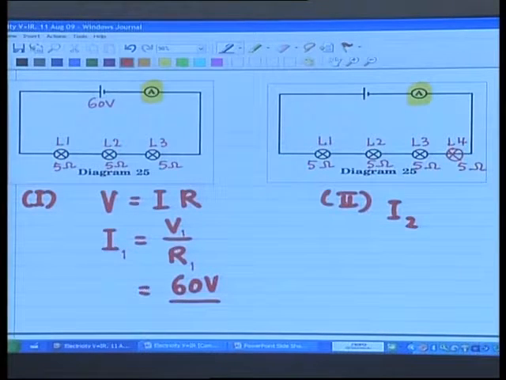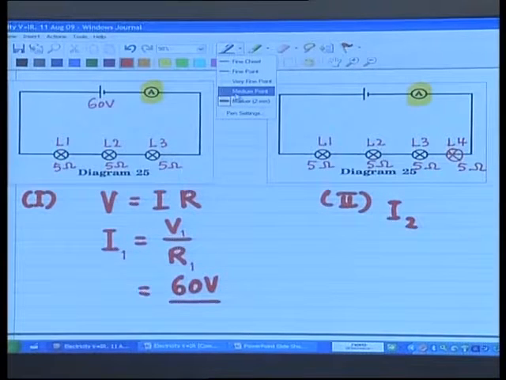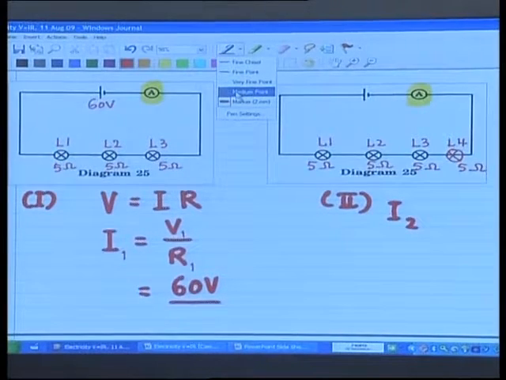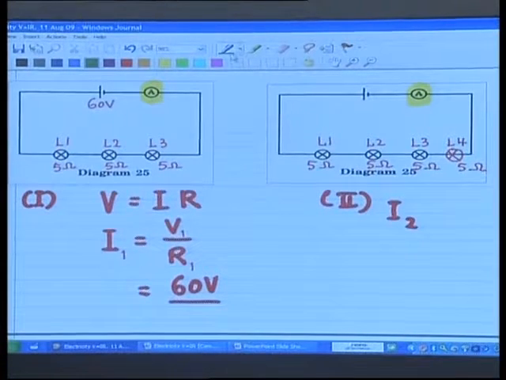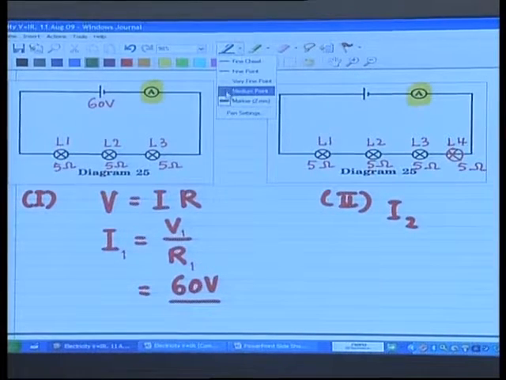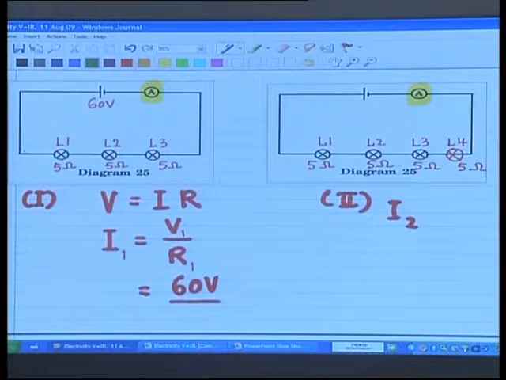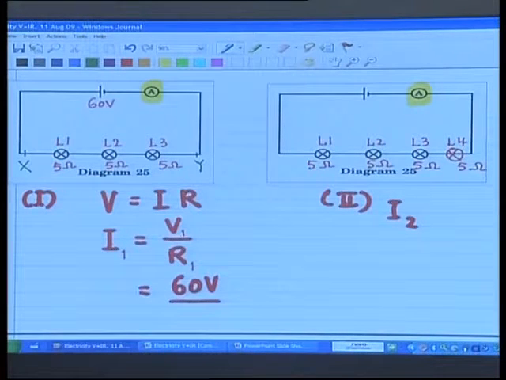R1 is the effective resistance between the 2 points. Let's call them X and Y. So what is the effective resistance across XY? I'm sure you can tell me, because the three resistors, the three bulbs, are in series.